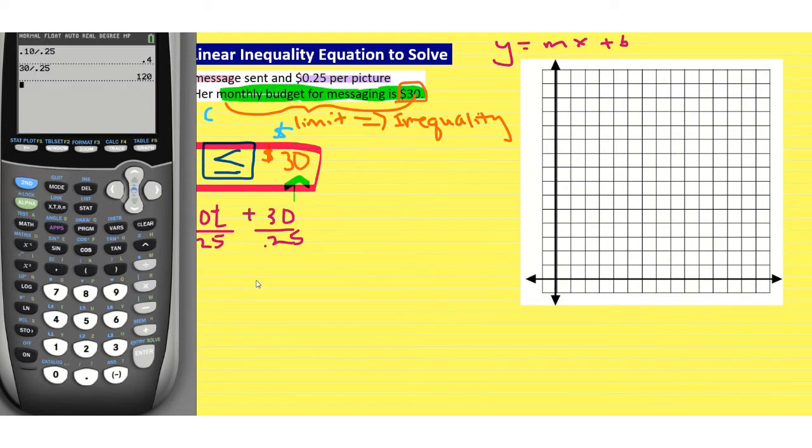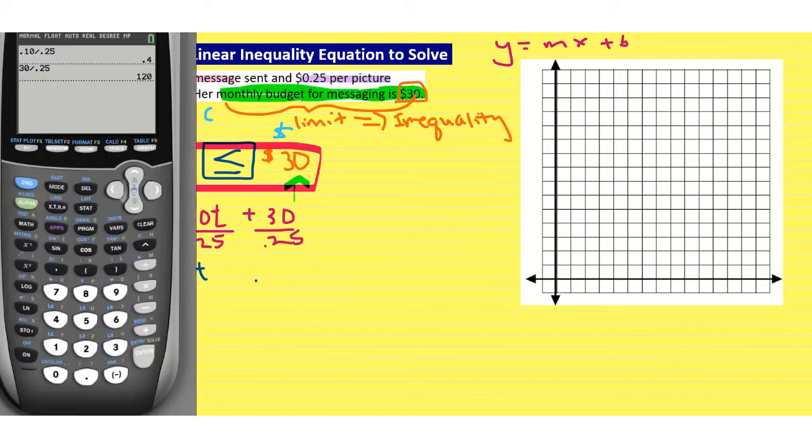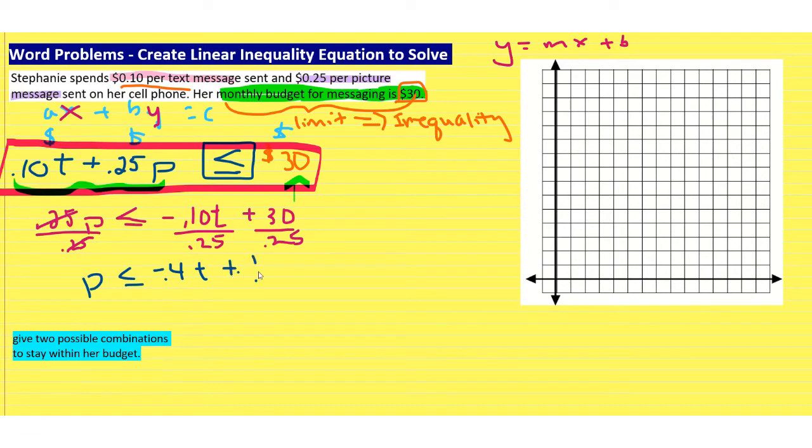That gives me 0.4, so that's going to be negative 0.4 t's, and also my 30 divided by the 0.25 is going to give me 120. So it's going to be plus 120. So if you notice, that actually does give us that y equals mx plus b format.